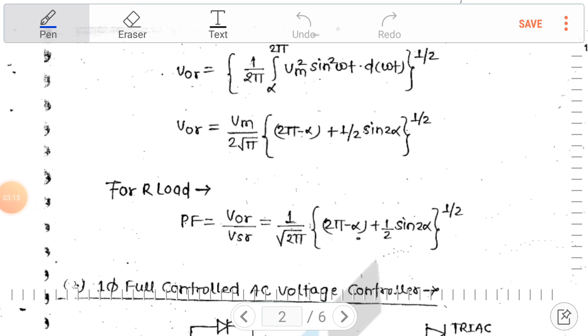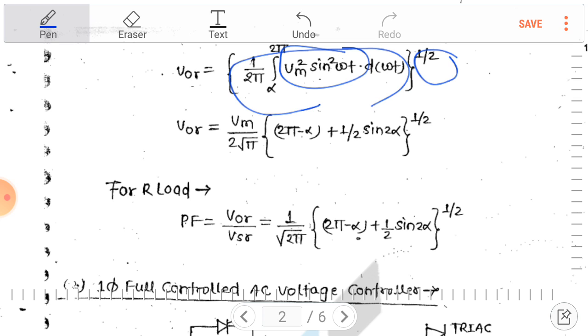Output RMS voltage can be obtained by using the formula. First we take the square of the waveform, then integrate it to find the average value and then find the root of the square average value. So squaring, then take the average and then take the root.